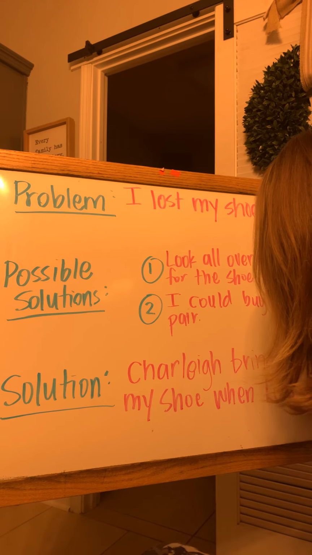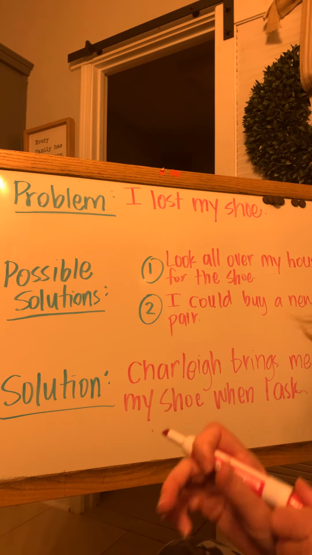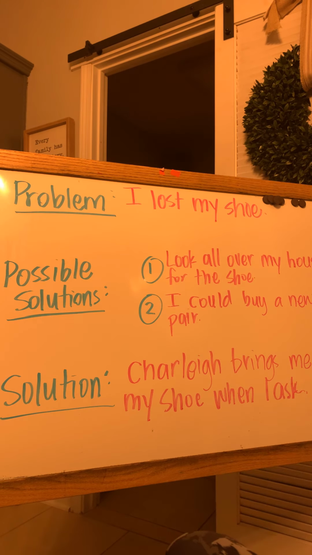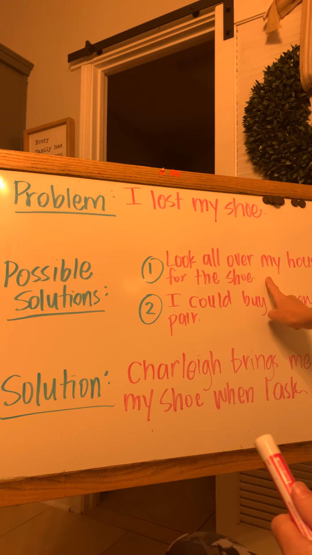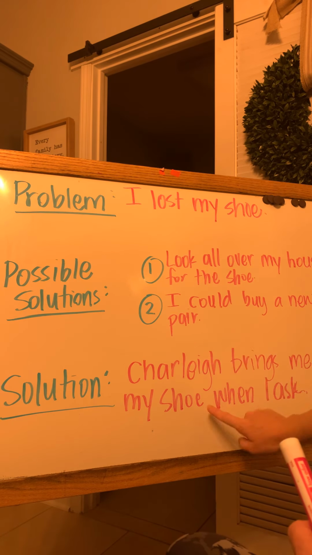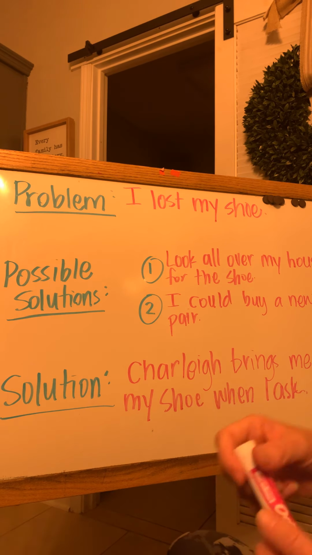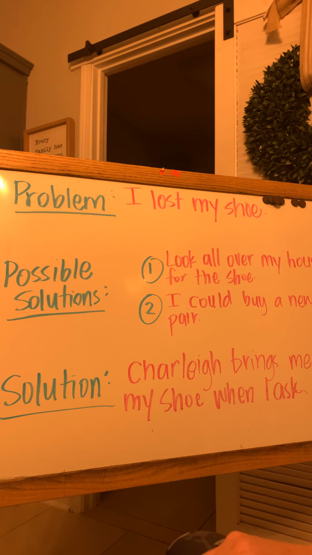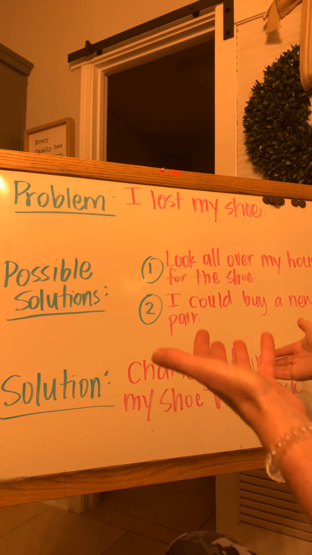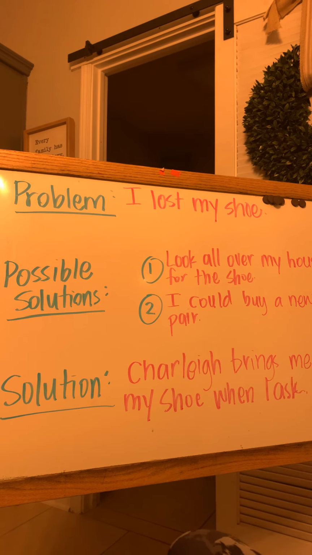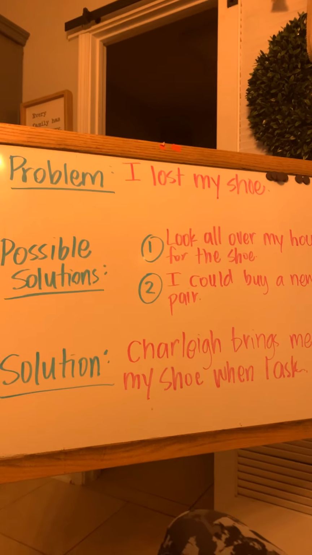So I yell out, "Hey kids, have you seen my shoe?" And before I can even look or before I can buy a pair, Charlie has brought me that shoe that I couldn't find. So I could have looked for it, I could have bought a new pair, but the solution to the problem was that Charlie finds my shoe and she brings it to me.